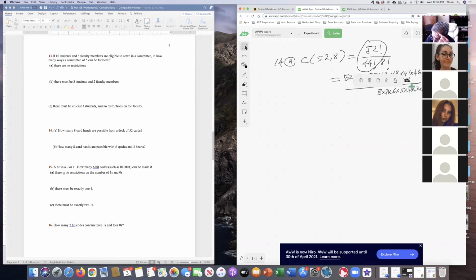4 in the denominator cancels with the 52 into 13. 8 divides the 48 into 6.